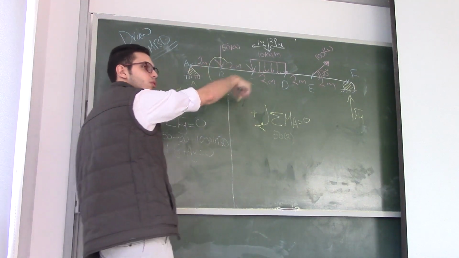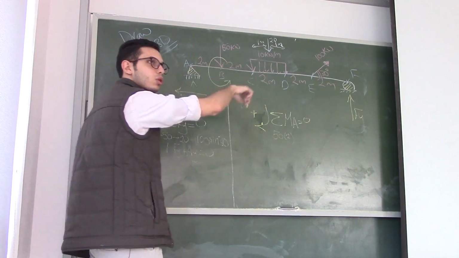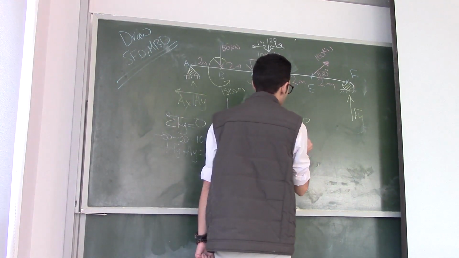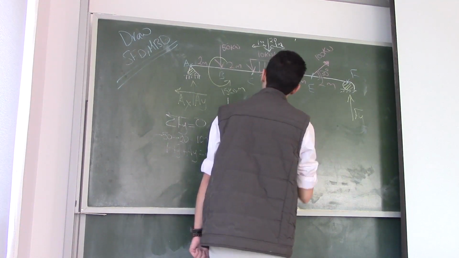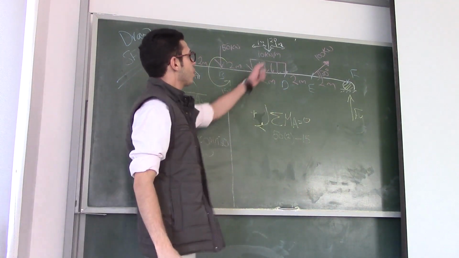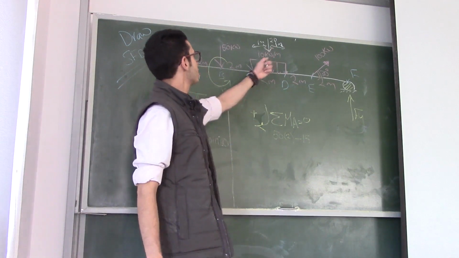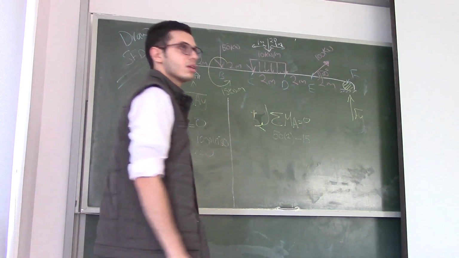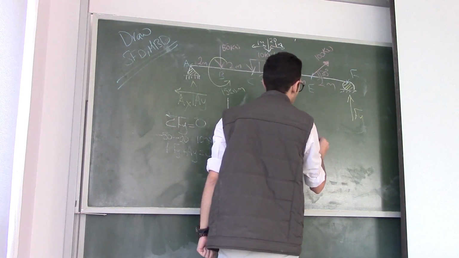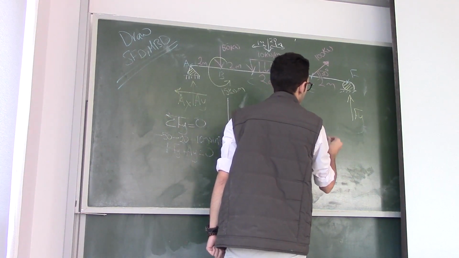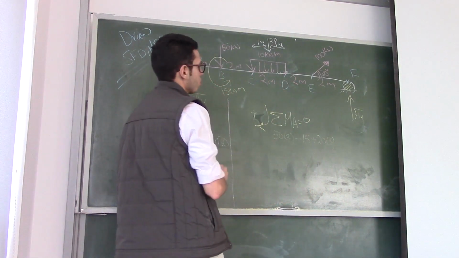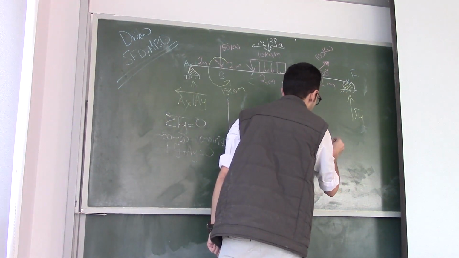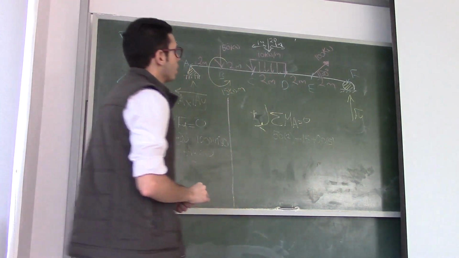We have a concentrated moment, counterclockwise, equal 15, so it's minus 15. And we have a force equal 20 at a distance of 3 meters from point A, so 20 multiplied by 5. Sorry.